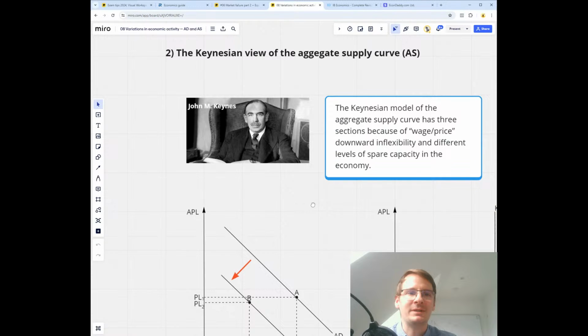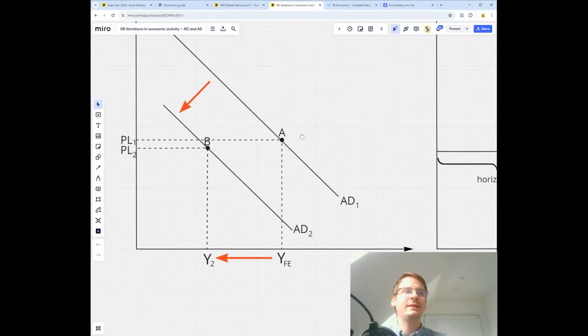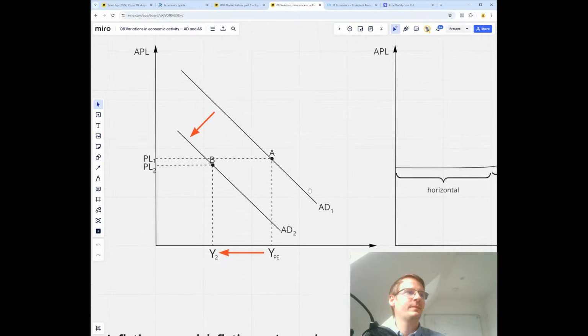Basically, he checked data points, and he saw back in time that wages, not necessarily the average price level, but the wages, didn't really go down too much, even if there was a huge recession. In real life we don't have curves.